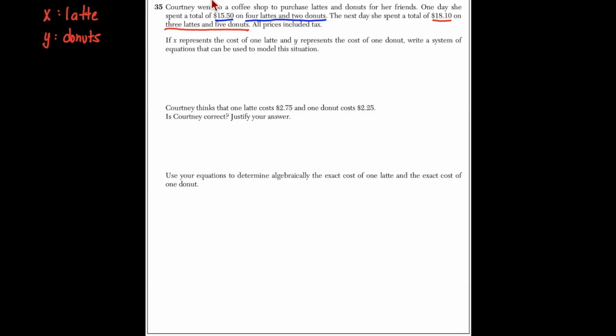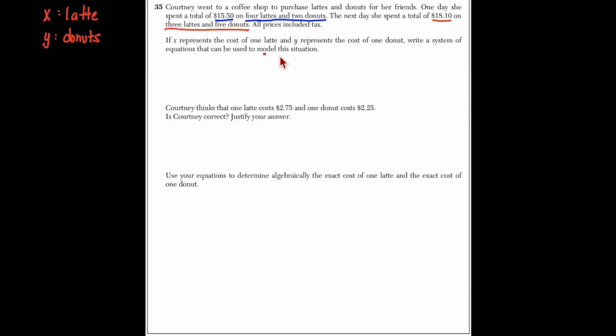Every time it mentions them, it starts off with lattes first and then donuts. So they're usually not trying to trick you. If they present the variables in order, they will typically also present the information in that same order. But it is good to have your guard up and make sure that you're intentional about matching up the right numbers with the right variables.